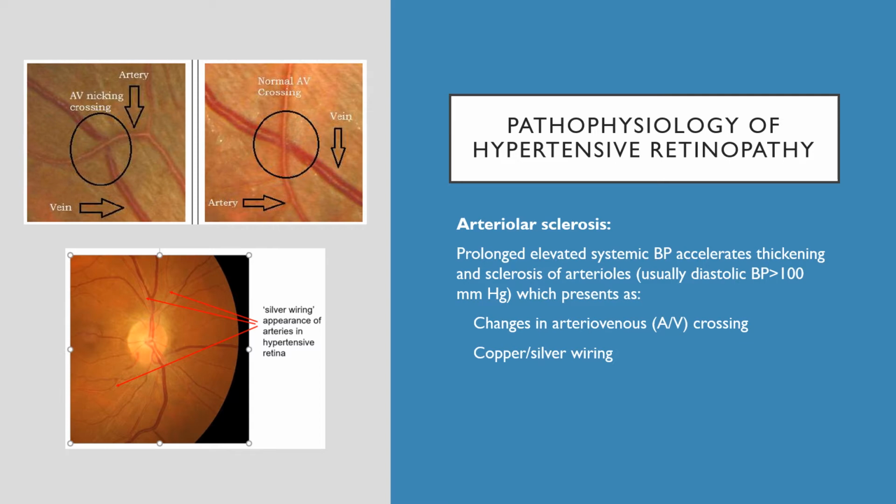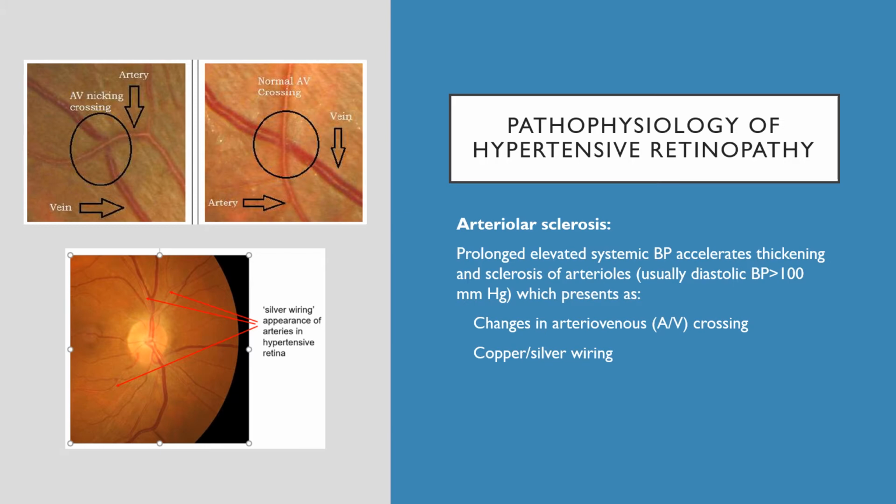Although episodic rises in blood pressure can occur, this prolonged elevation will damage the arteriolar structure and cause sclerosis of these arterioles. These cause two prominent changes, the first of which is changes in the AV crossing, or the arteriovenous crossing, as indicated by the left image on the upper portion.